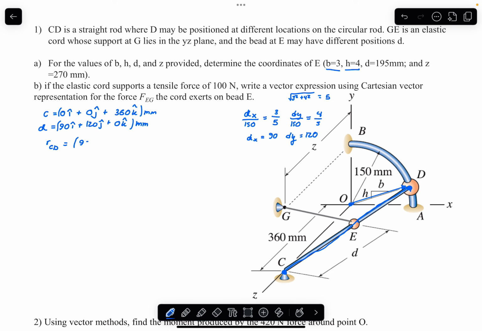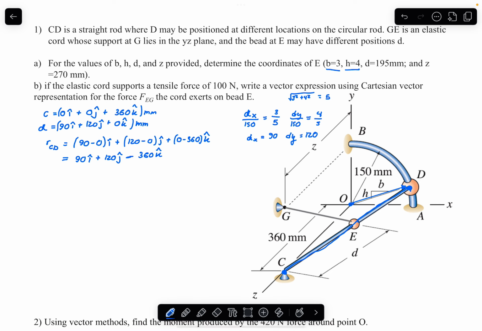So 90 minus 0 I hat plus 120 minus 0 j hat, then 0 minus 360 k hat. This means that the RCD is going to be 90 I hat plus 120 j hat minus 360 k hat.